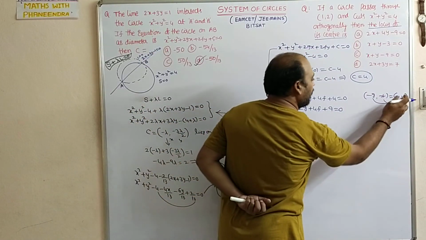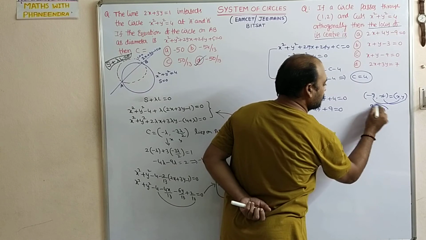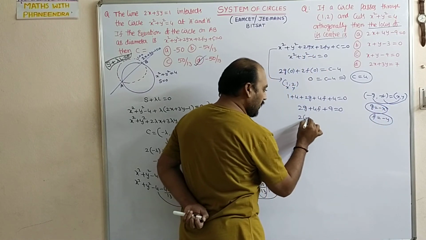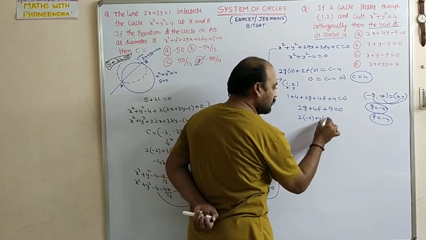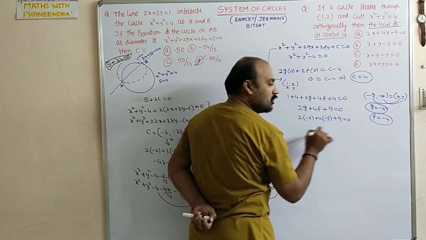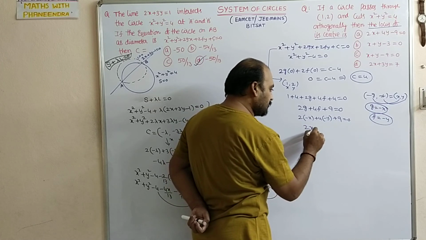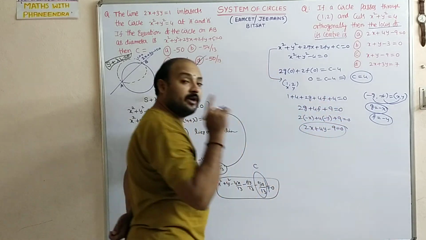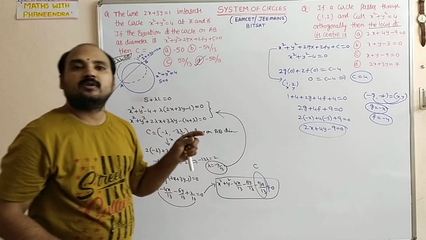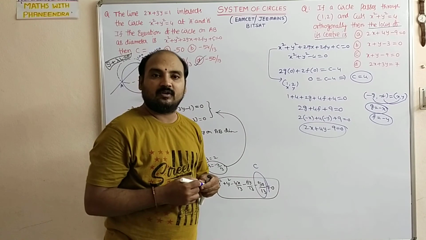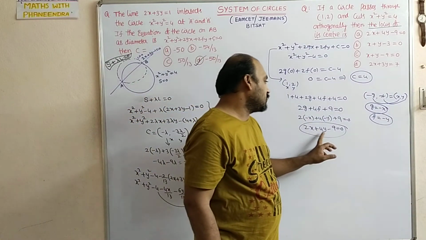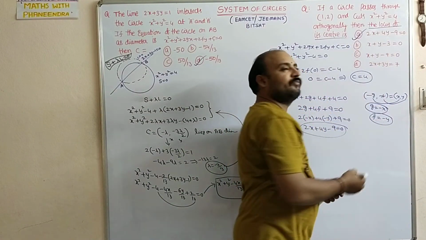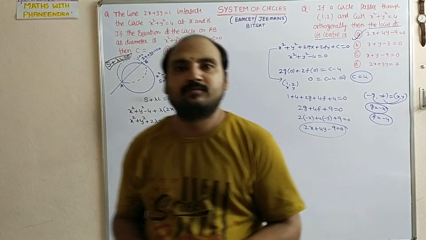So -g = x, so g = -x, and f = -y. So 2(-x) + 4(-y) + 9 = 0. Multiplying throughout by -1, 2x + 4y - 9 = 0, which is the required locus of the center of the circle. So 2x + 4y - 9 = 0, which is there in the first option. We will move to the next question.